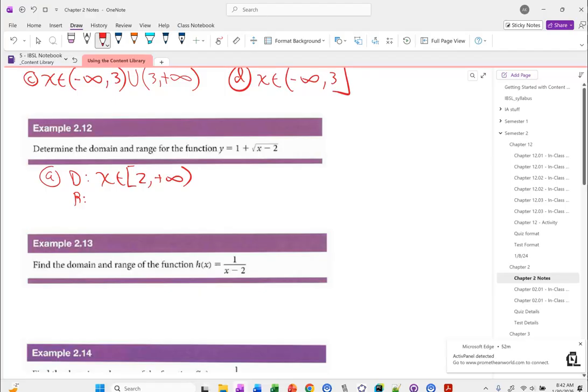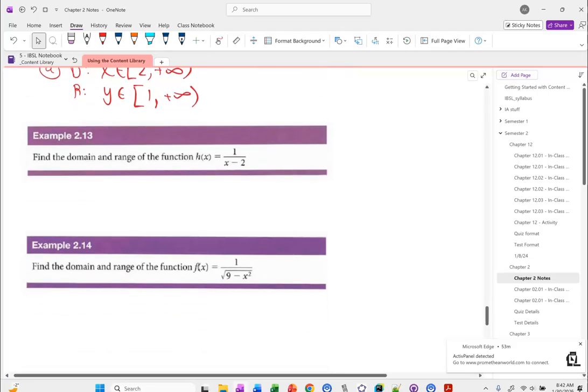So that'll be the start of my interval. Everybody agree? And the y's will keep getting bigger as the x's keep getting bigger, so we're going to positive infinity. Does everybody feel good there?